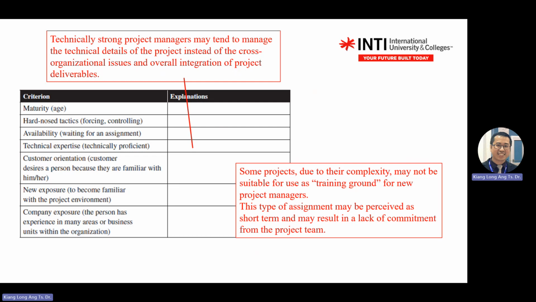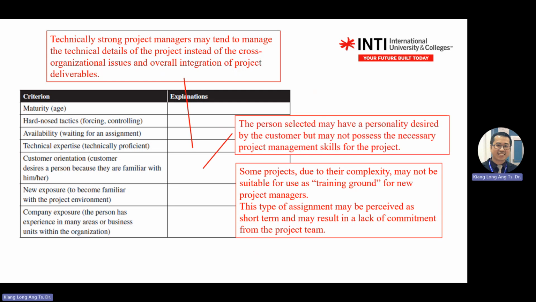For example, if that person is so good in welding, the project welding area will be very good, but they might be so focused on welding than the project lead time or the project total budget and so on.